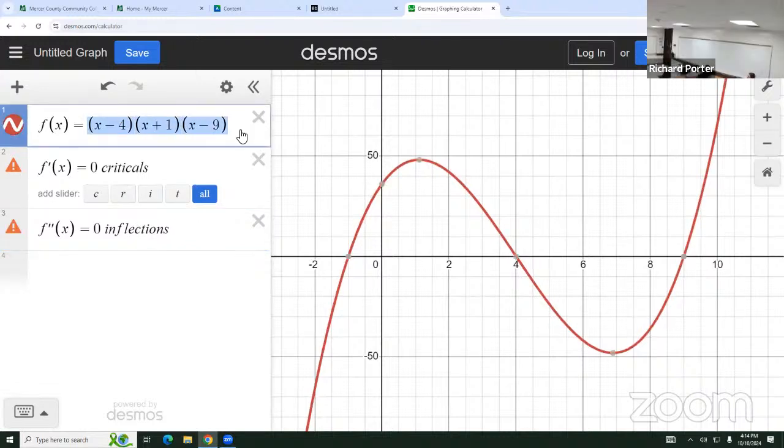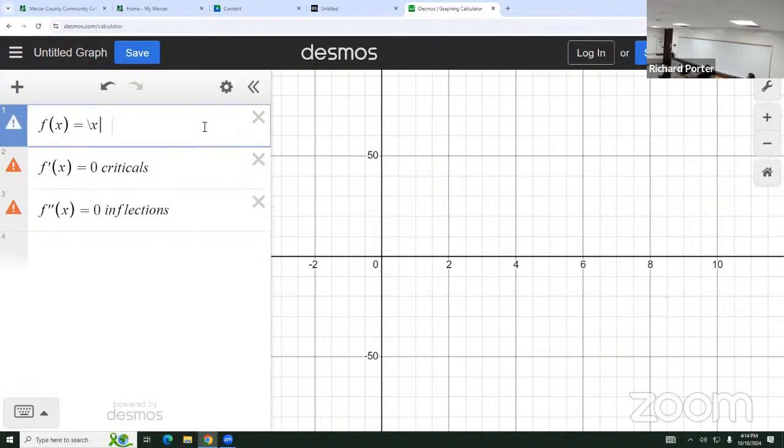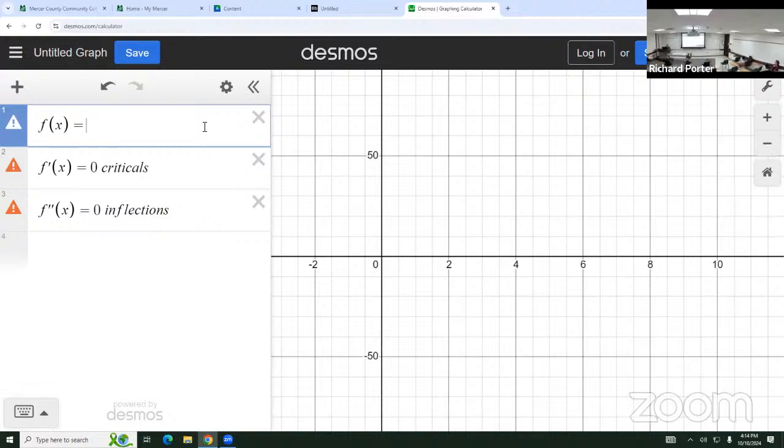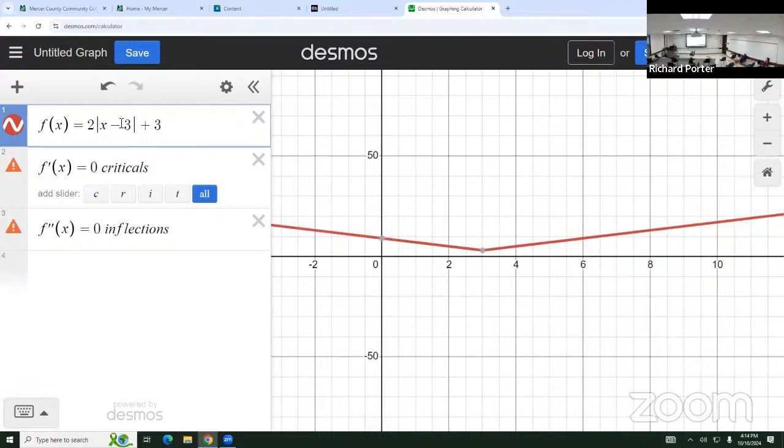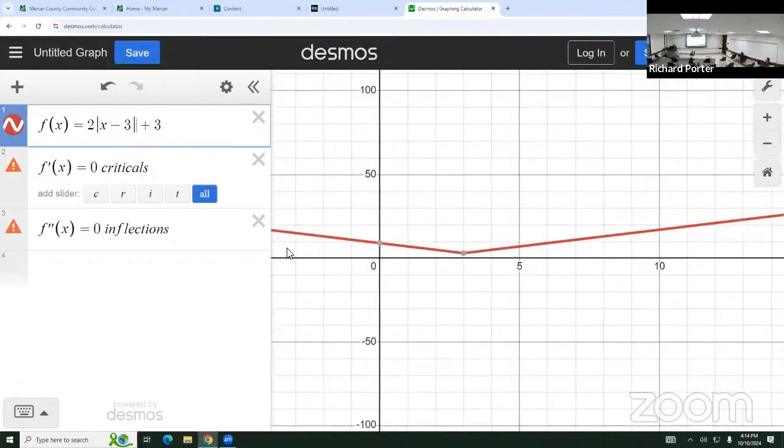Let me give you a function that's undefined for a second. Why am I getting the wrong things? Hold on. Okay, do you see this function?